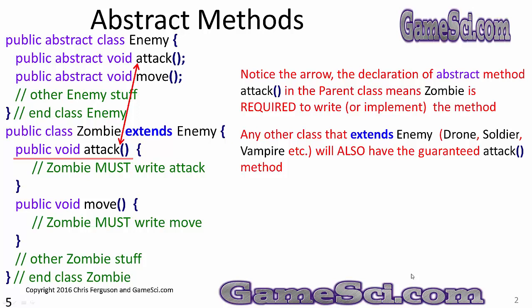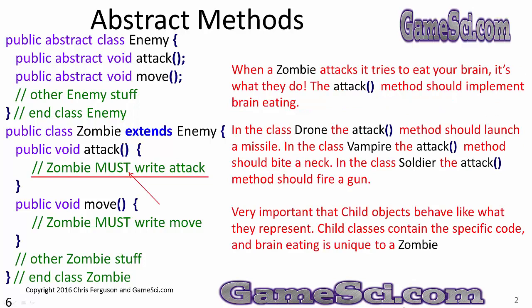Plus any other class that extends enemy, drone, soldier, vampire, etc., will also have the guaranteed attack methods. The fact that the parent class declares it to be abstract means the child class is required to write that method. When a zombie attacks, it tries to eat your brain. It's what they do. The attack method in zombie should implement brain eating.